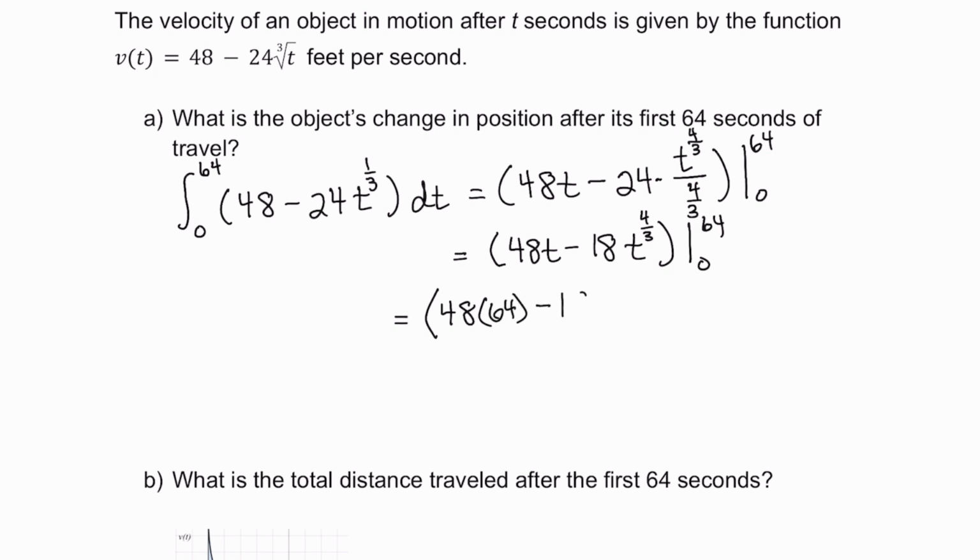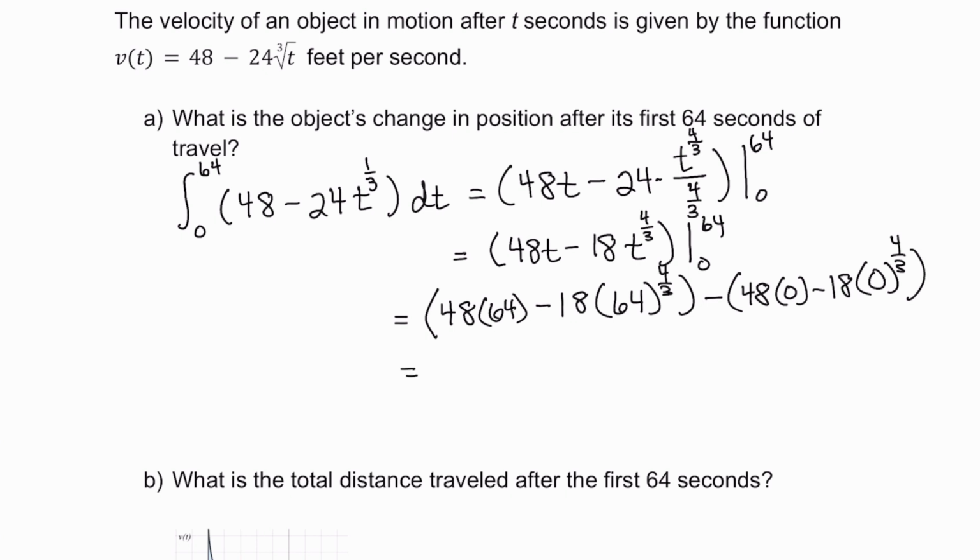And then minus 18 times that 64 to the 4/3 power, and then minus plugging in the lower limit of integration, our 0. So 48 times 0 minus 18 times 0 to the 4/3.